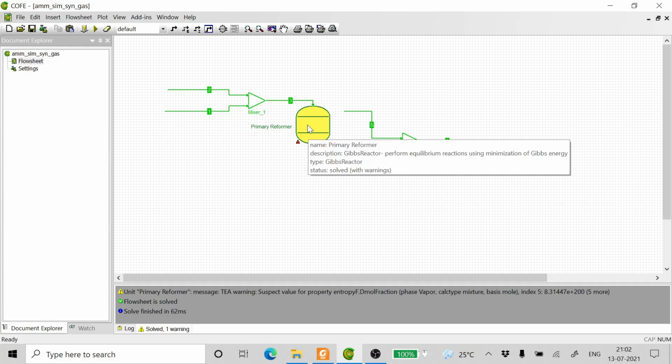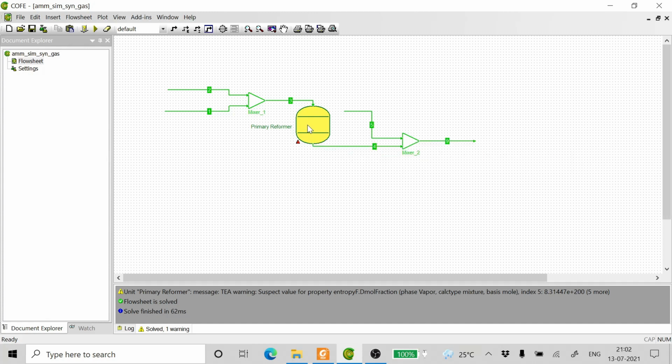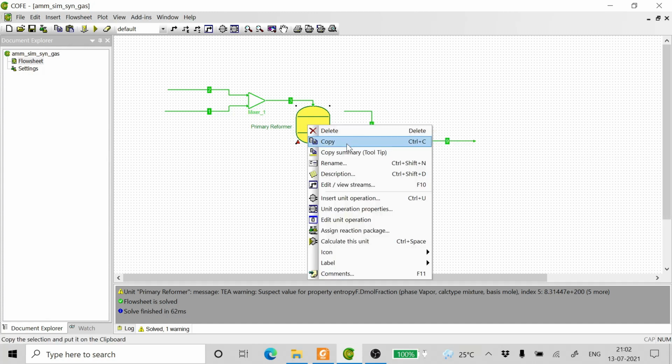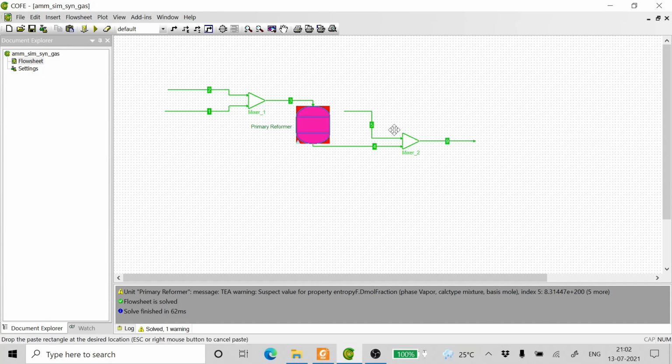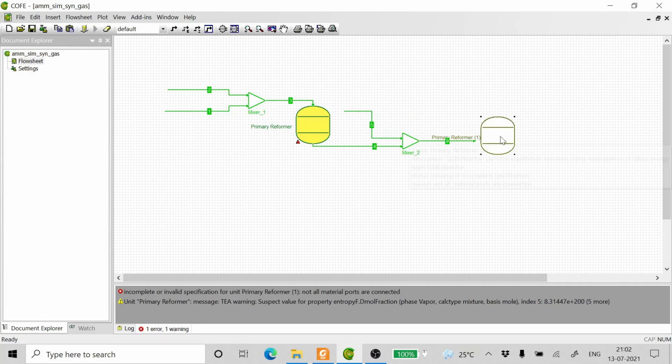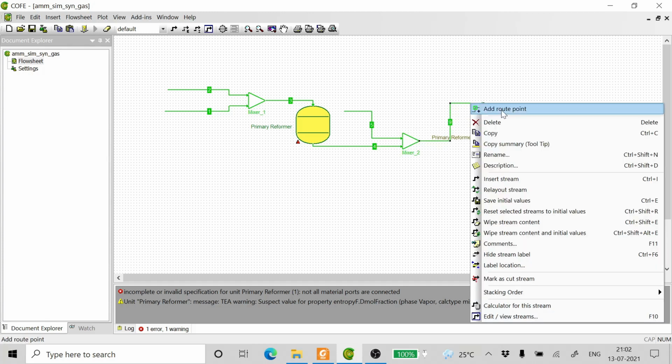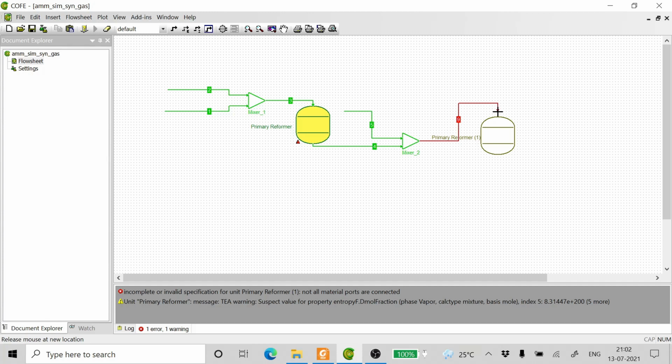So now what we do is, a shorter way of doing things is, let's copy the primary reformer and paste it. The primary and the secondary reformer are more or less the same. So I can add a root point here to bend the stream. So add a root point, take this, bend the stream, connect it, and draw the outlet of this.